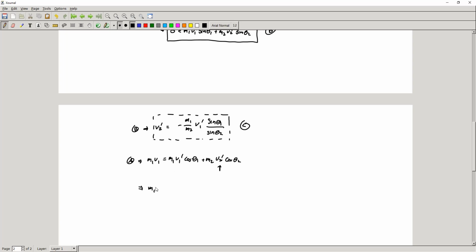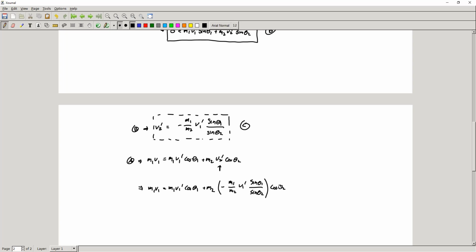This means that we have m1 v1 equals m1 v1 prime cos theta 1 plus m2, and now this whole mess that we have up above, minus m1 over m2 v1 prime sine theta 1 over sine theta 2, and we have a leftover cos theta 2 here, right?